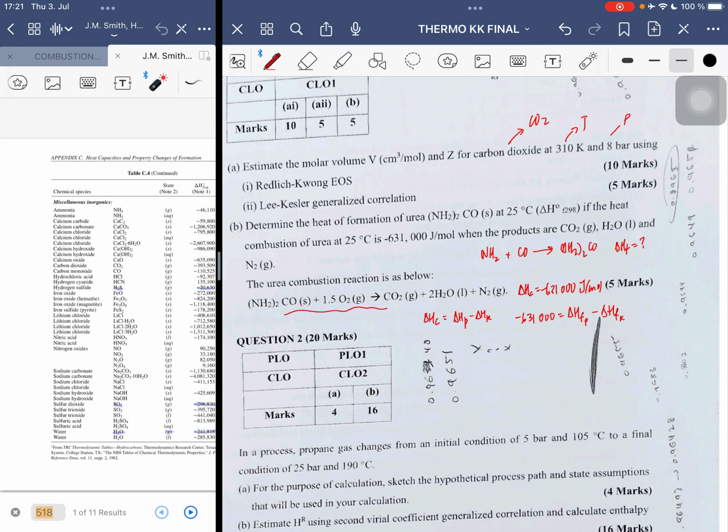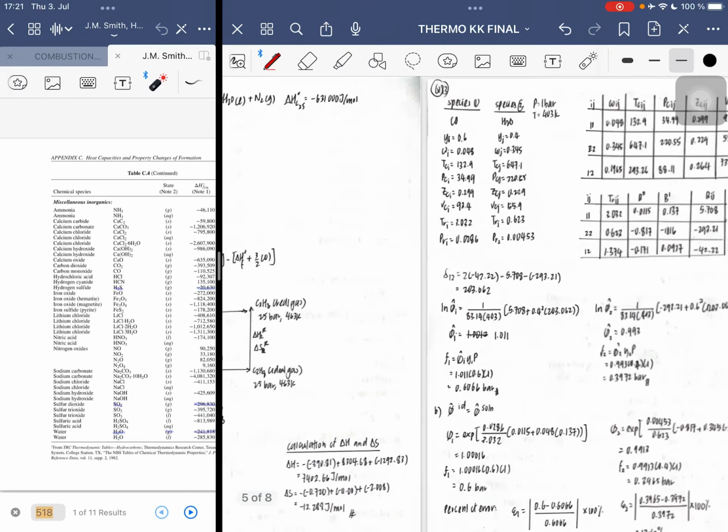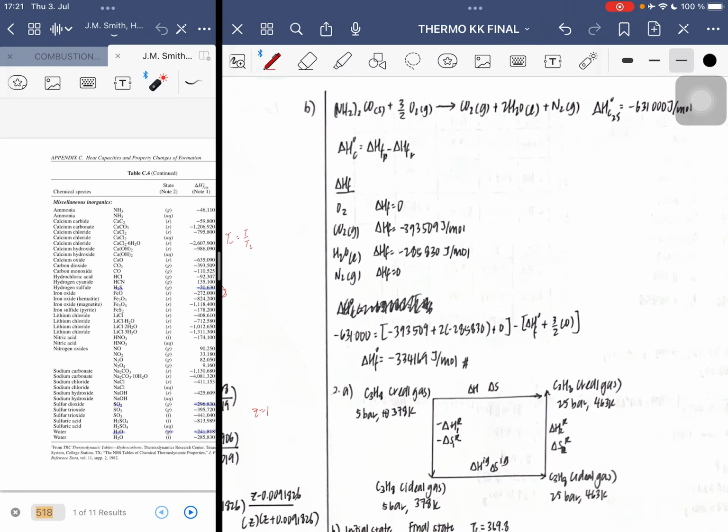The heat of formation of the products you can find from this table. CO2 is in the table, H2O is in the table, N2 is not in the table because it is a mono element. For elements like N2, O2 or H2, the heat of formation is 0. So 1.5 O2 is 0. Let's see my working. For CO2 you have this and this and this.